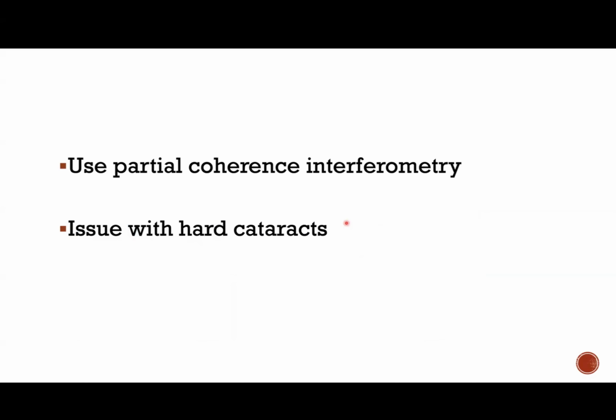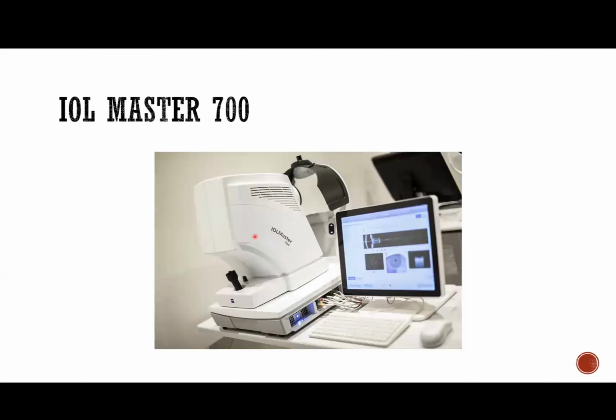In our hospital we have the IOL Master 500, so whenever we send for biometry, half of the people come out with an ultrasound report because the light ray cannot pass through harder cataracts. To overcome that, the company has revolutionized the technology to the IOL Master 700.